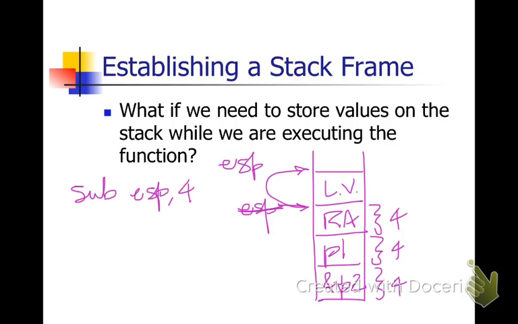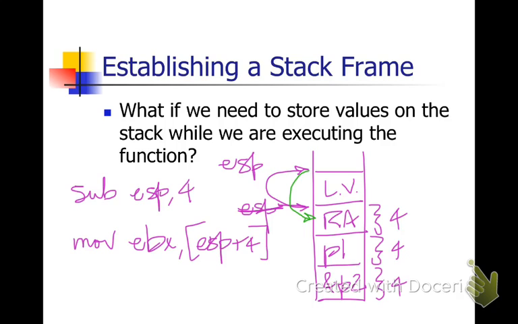So if previously I said move into EBX, what is ESP plus 4, I've got a problem, because what is 4 bytes away from ESP is no longer the first parameter. What is 4 bytes away from ESP now is the return address.